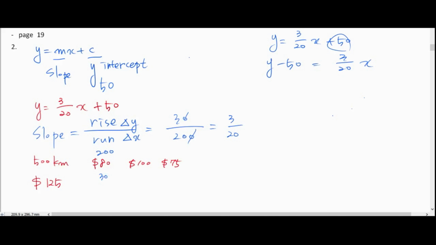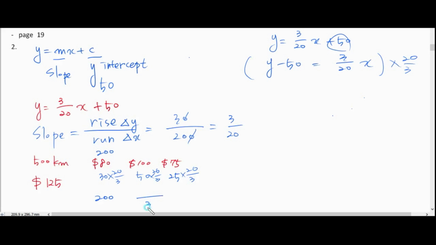Then 80 will give 30, 100 will give 50, and 75 will give 25. And to get x, we should multiply both sides by 20 over 3. Right here, we should multiply 20 over 3 to each of these numbers to find it out. If we calculate this, simplifying those two, it will be 200.